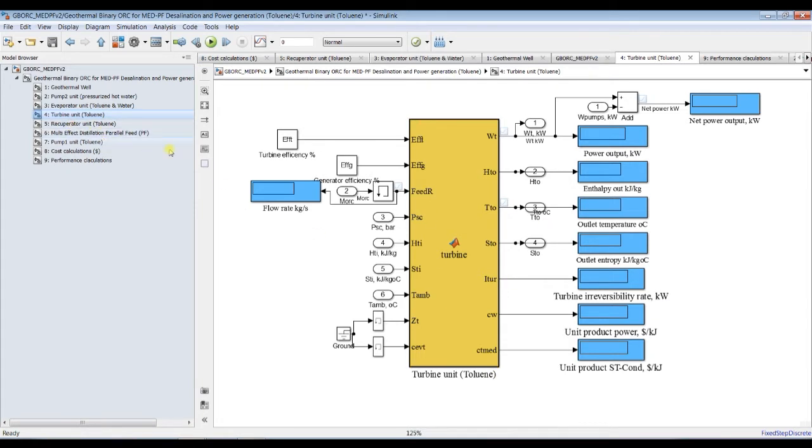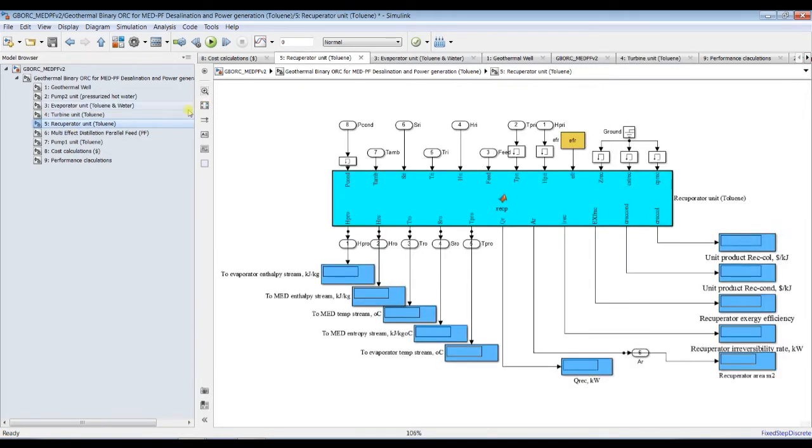Our organic working fluid is toluene, because its behavior looks like water, so it's quite interesting and more efficient than pentane or other working fluids, but we can add more working fluids. A recuperator unit, because toluene has a positive slope on the TS diagram, therefore we can add a recuperator unit.